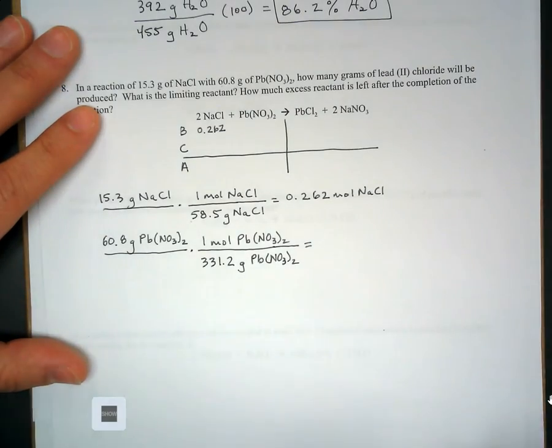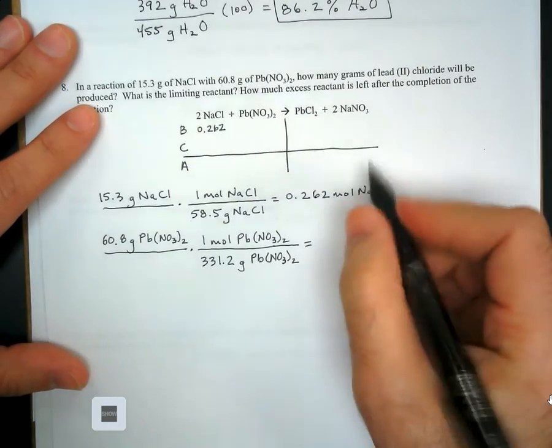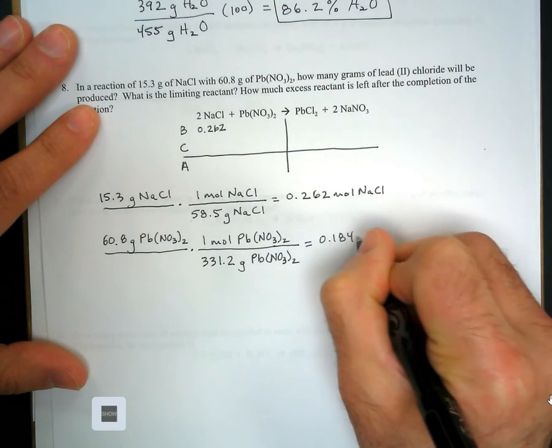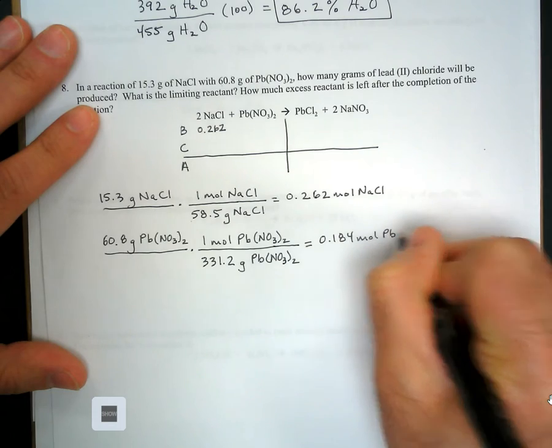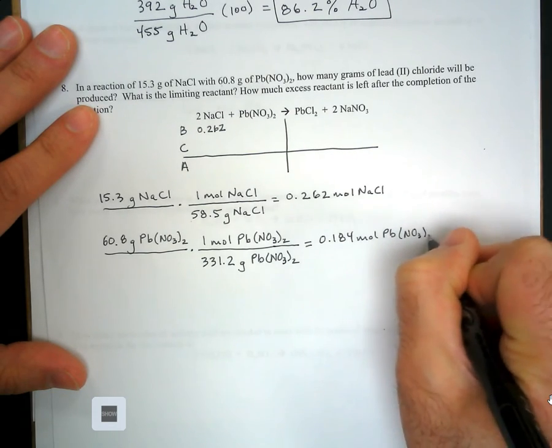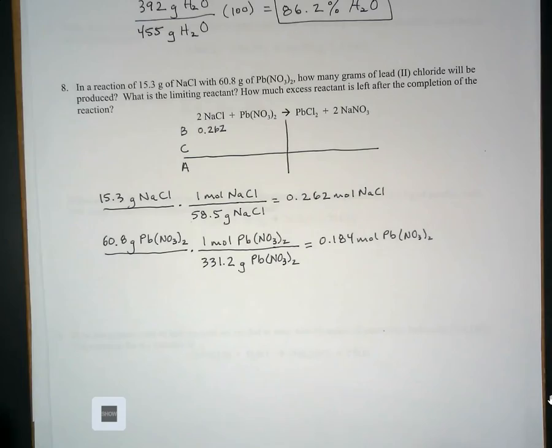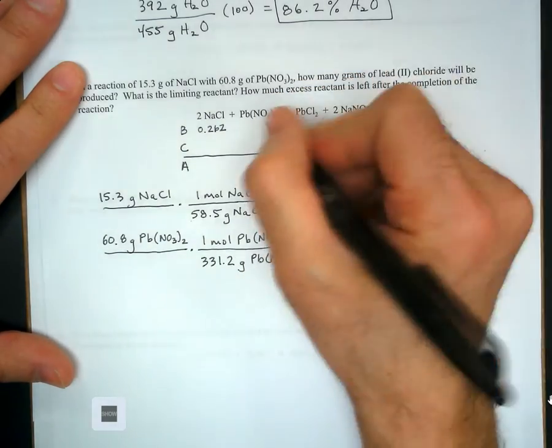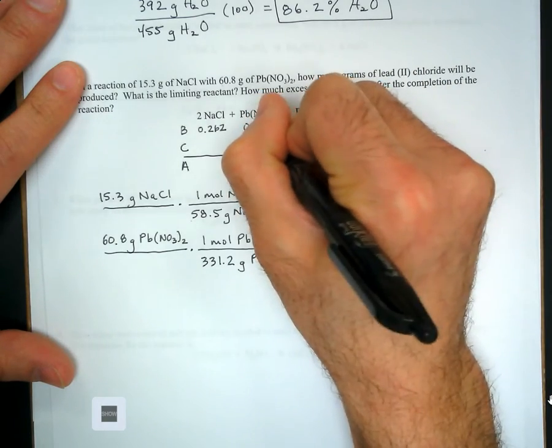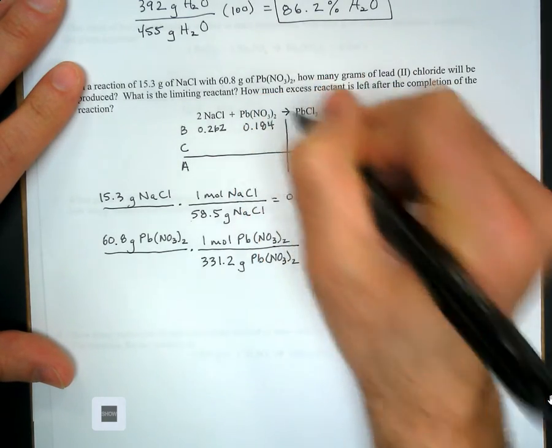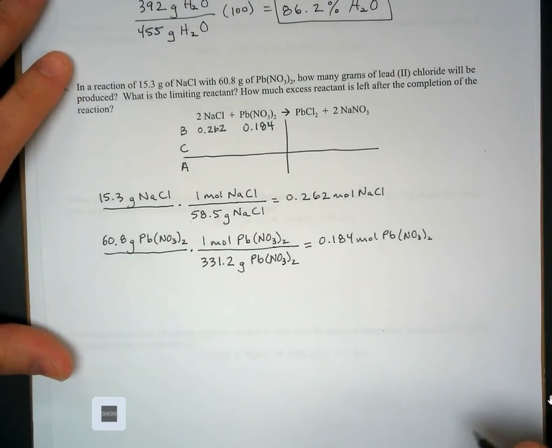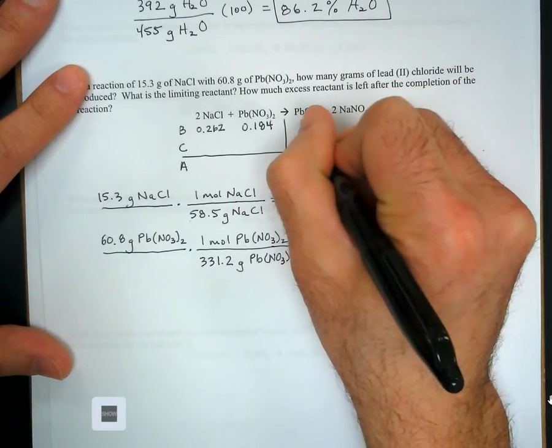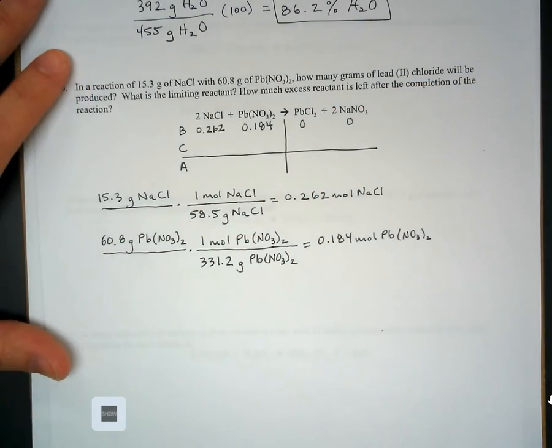And this gives us 0.184 moles of Pb(NO3)2. So that's our moles for that one. So we're going to put 0.184 there. And for our product for the before row, remember there is no product before the reaction occurs, so those are zeros.